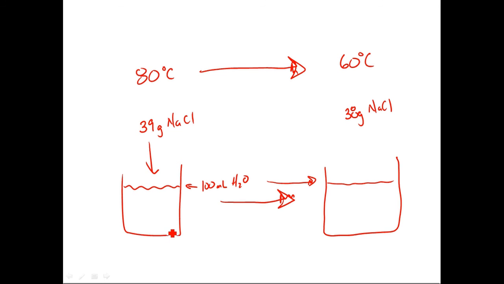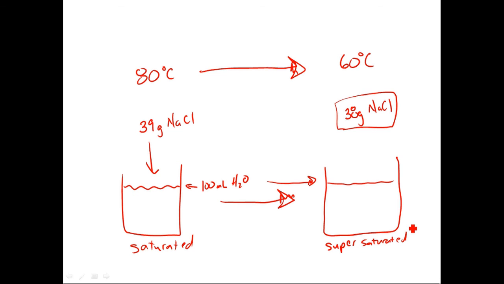The difference is this. This is a supersaturated solution. This solution here still has 39 grams of sodium chloride in it, even though it's only supposed to be able to hold 38. So I'm going to call this supersaturated, just like yesterday's demo with the sodium acetate.